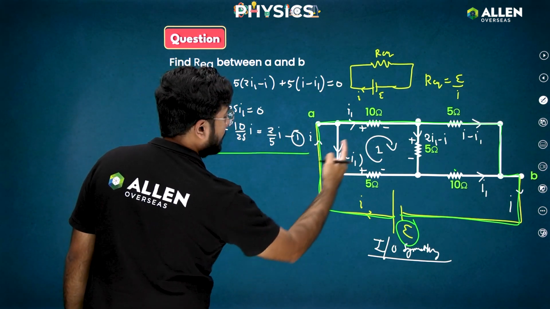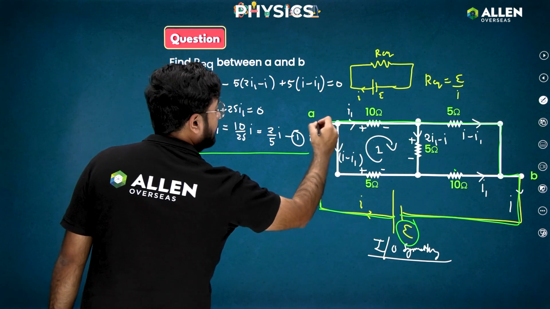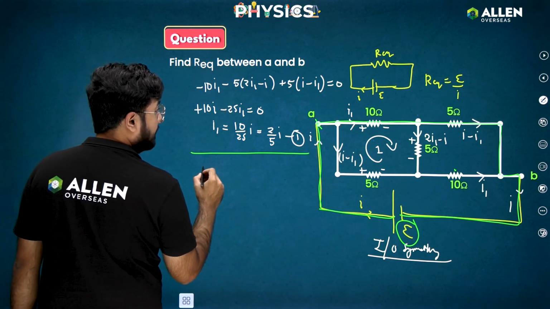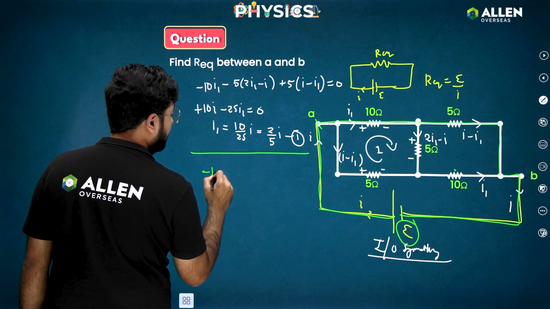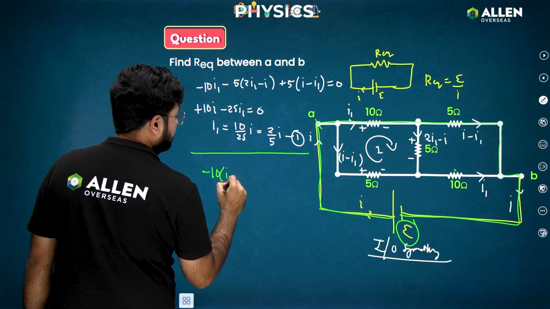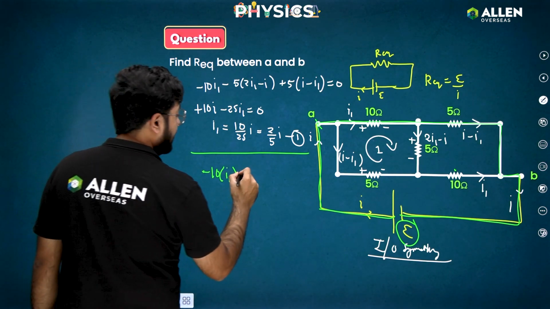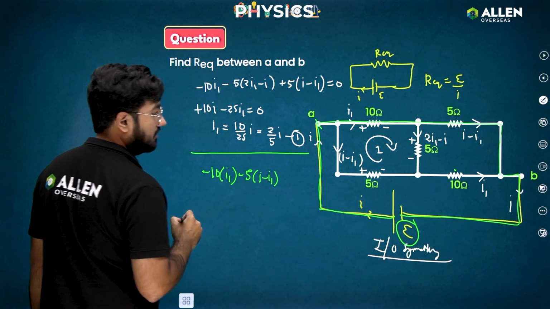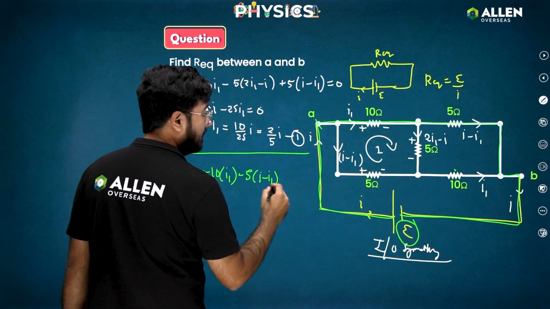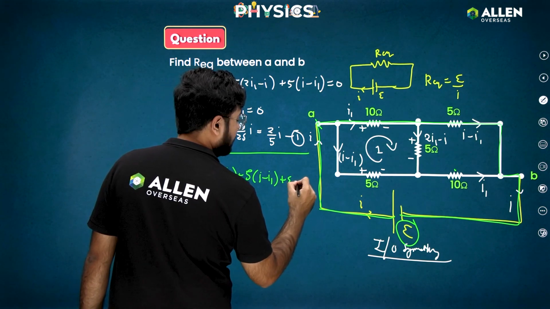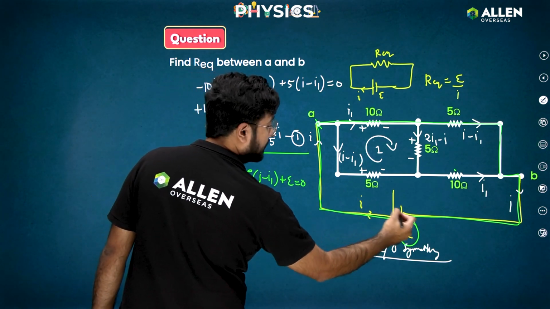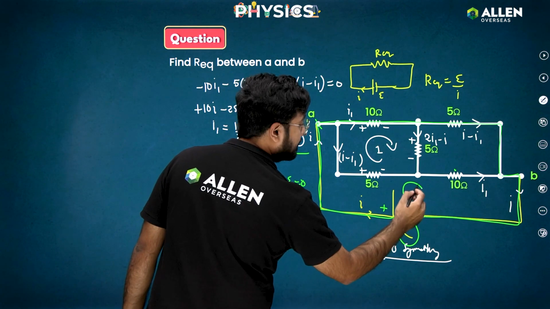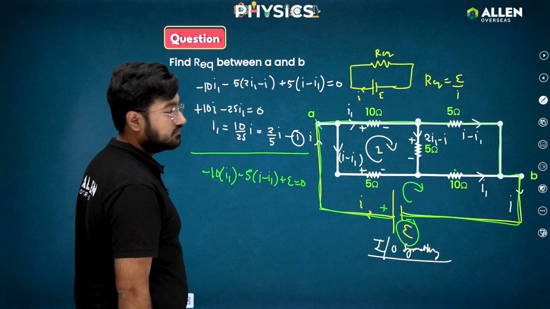From here, what is the current rule? Starting from this point, we have minus of 10 I1, minus of 5(I minus I1), coming back here, plus E is equal to 0, low potential to high potential, going like this. Check.